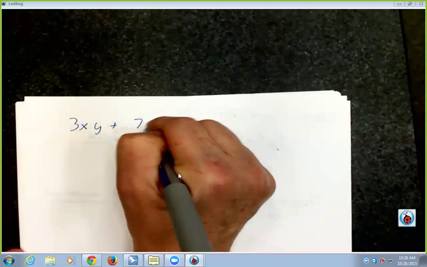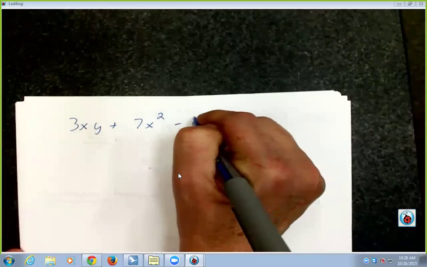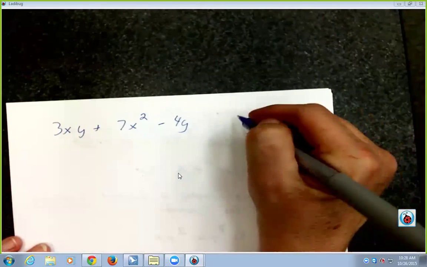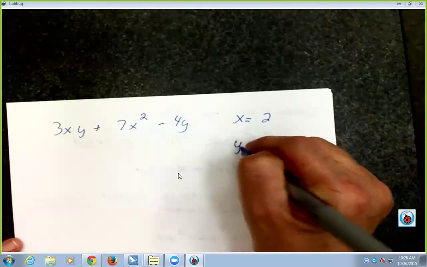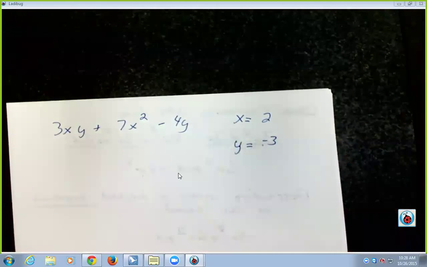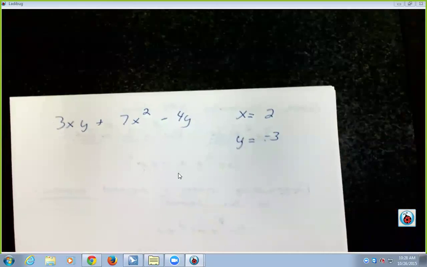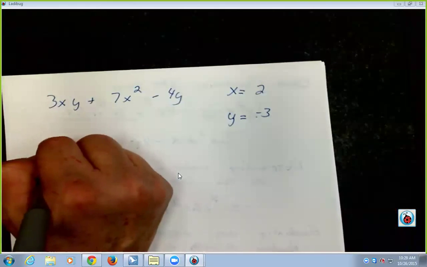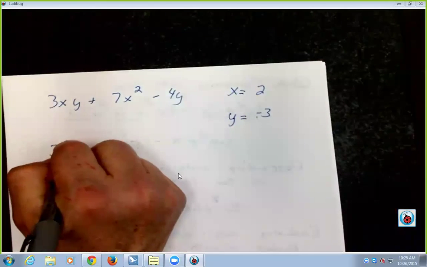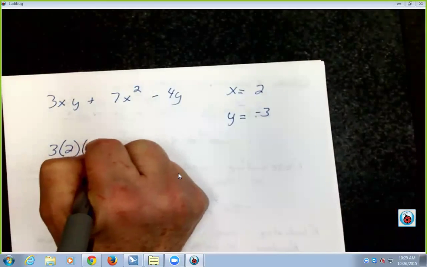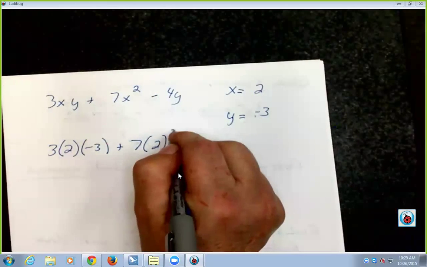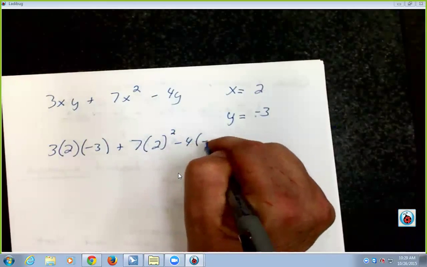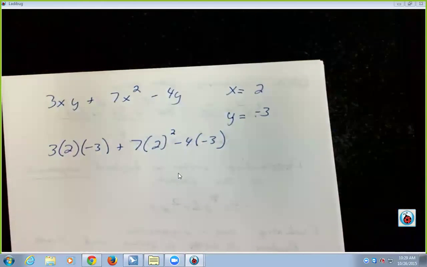Okay, then, how about this one? 3xy plus 7x squared minus 4y. And they tell me that x is equal to 2 and y is equal to a negative 3. What is that going to work out to be? So again, replace each piece. So I'm going to have 3 times 2 times a negative 3 plus 7 times 2 squared minus 4 times a negative 3.